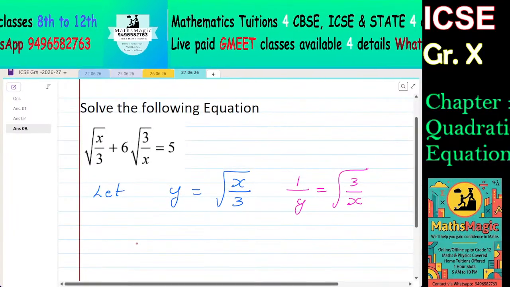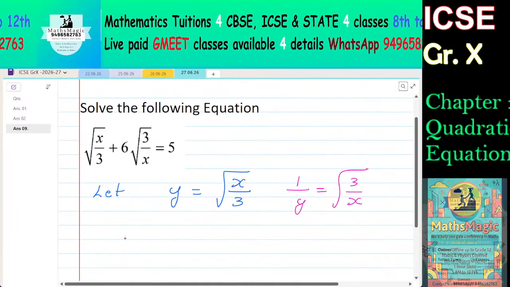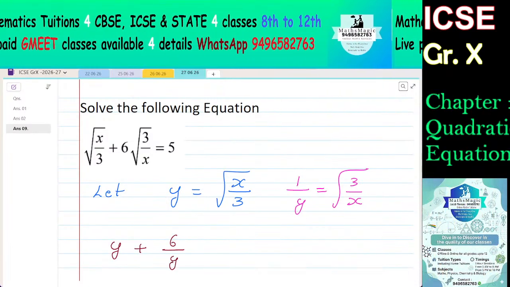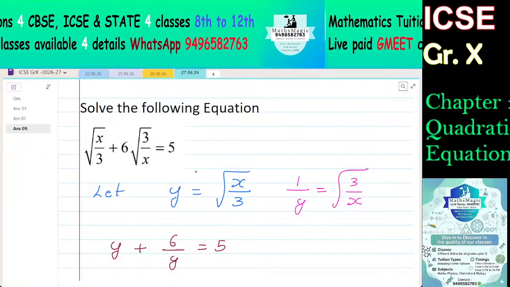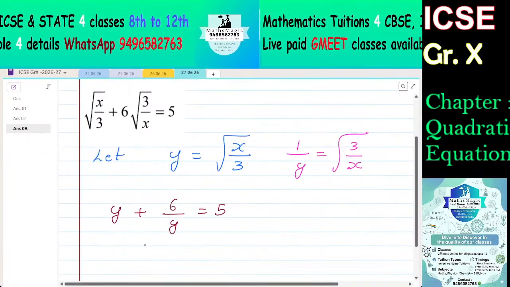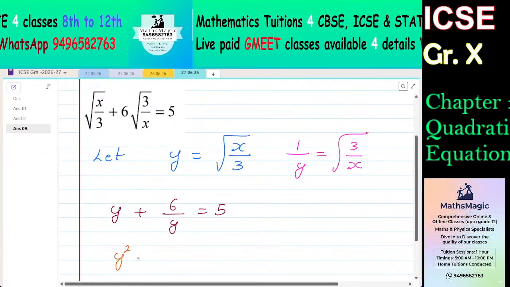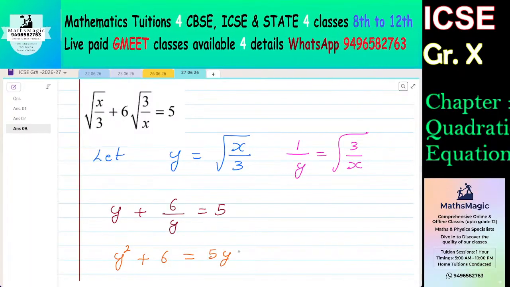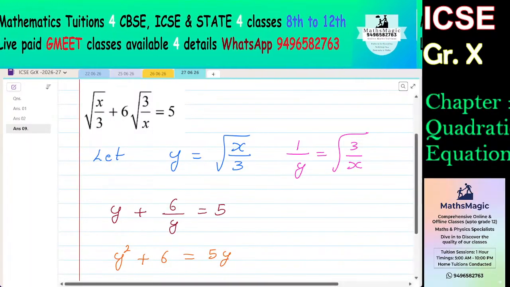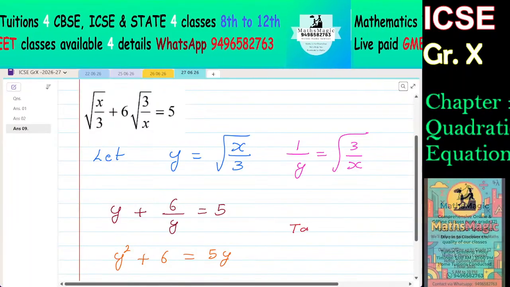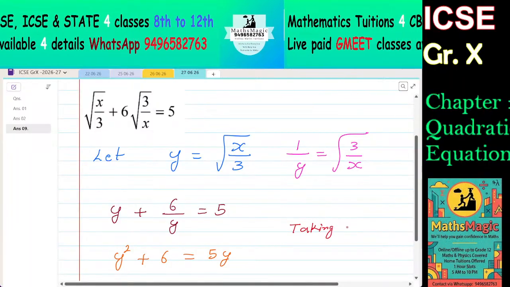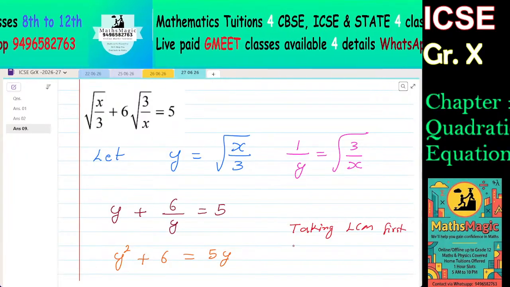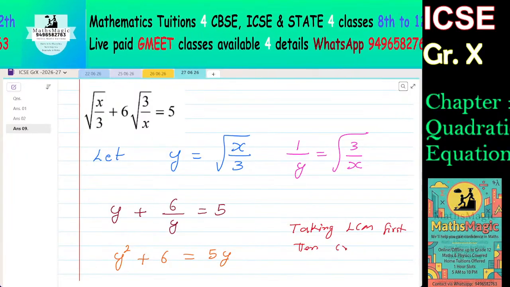This was the roadblock that you people face. So you will get y plus 6 by y equals 5. Moving ahead, y squared plus 6 equals 5y. Here what we did is taking LCM first, then cross multiply.